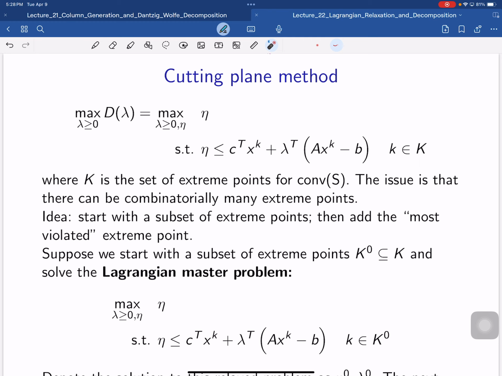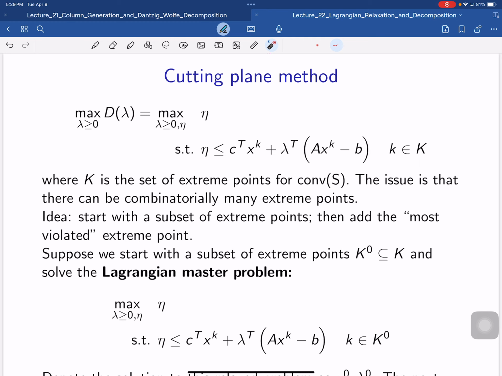You have probably seen this before in Benders' reformulation. If you let eta be less than or equal to each of these linear functions corresponding to the extreme points, and in the objective you maximize over eta, then eta will be obtained as the minimum of all those linear functions. Basically, this is a reformulation of d lambda.